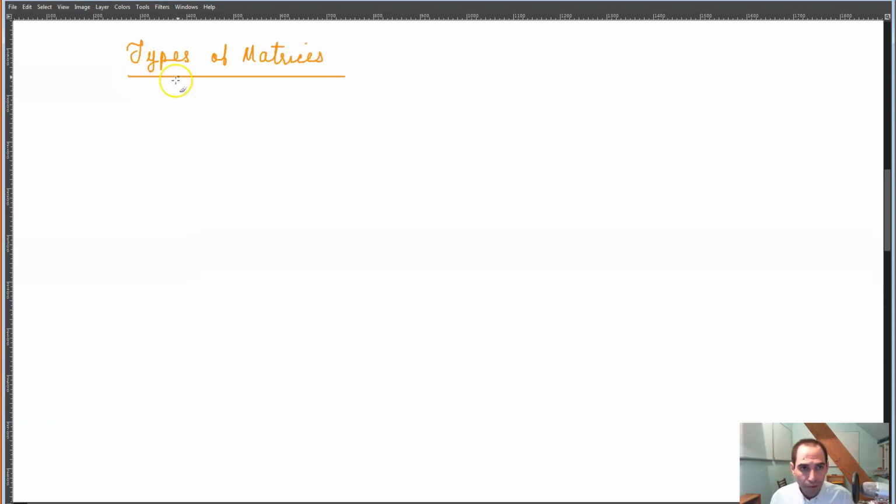We have a column matrix, a row matrix, a square matrix, and a diagonal matrix.